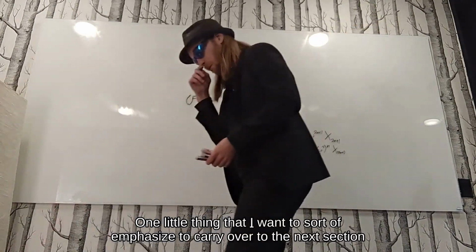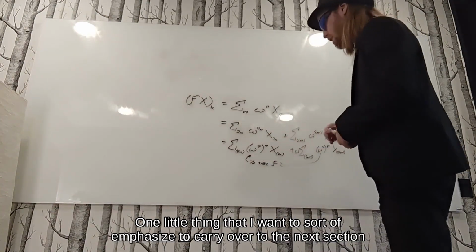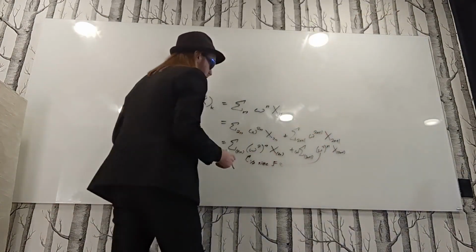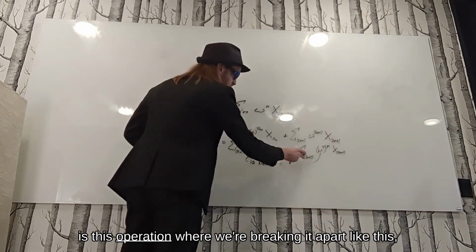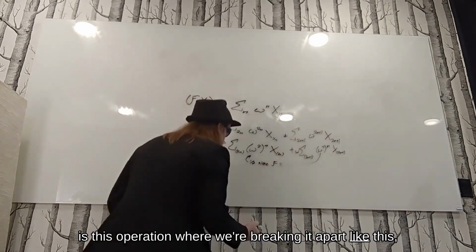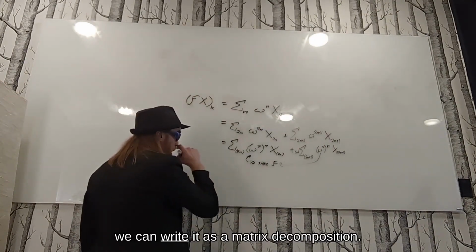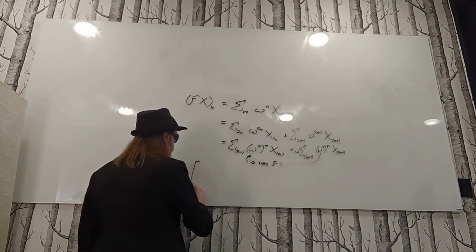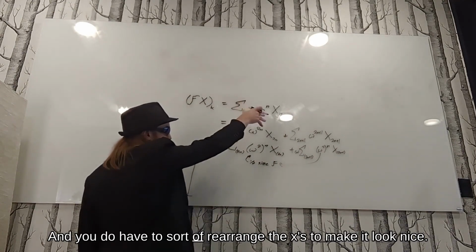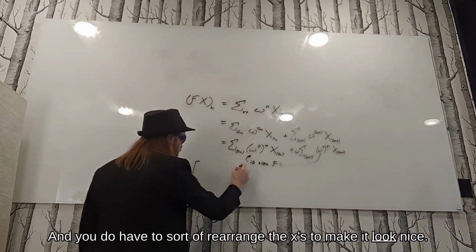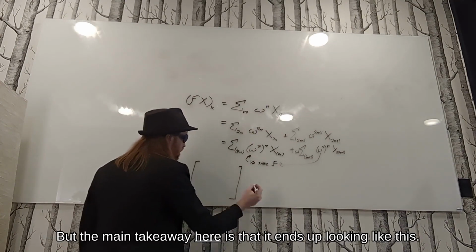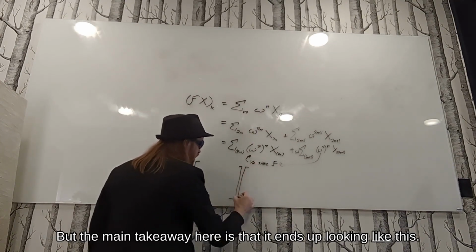One little thing that I want to emphasize to carry over to the next section is this operation where we're breaking it apart like this. We can write it as a matrix decomposition, and you do have to rearrange the x's to make it look nice. But the main takeaway is that it ends up looking like this.